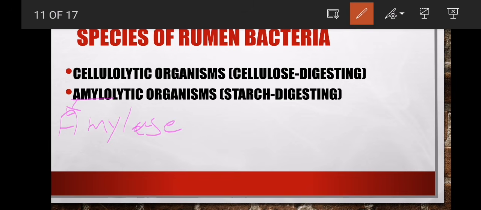The function of the amylase, in a simpler way, is to digest. What do they digest? They digest starch. Amylo, it's an enzyme. The function of the enzyme is to digest starch.